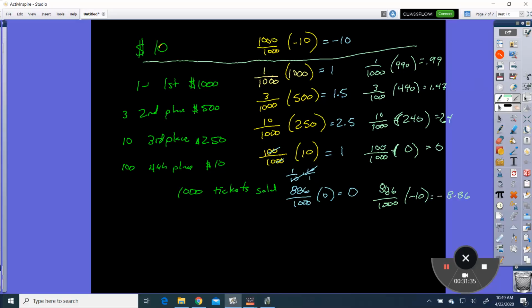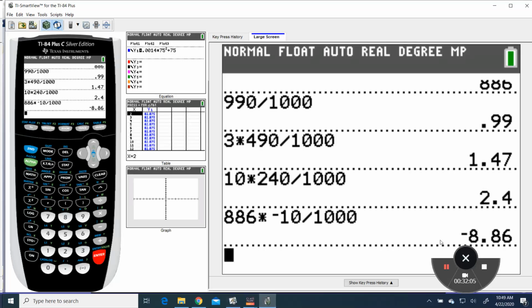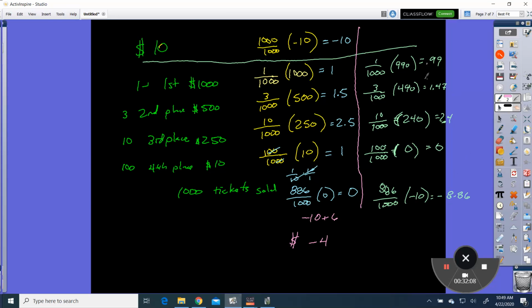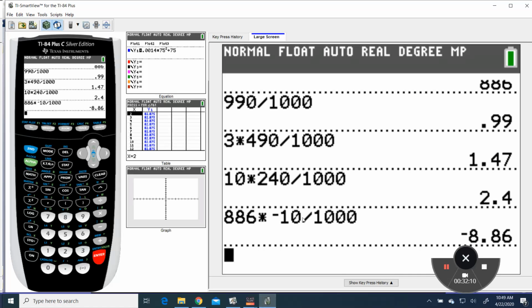So now if I add these up, we should get the same amount. So we're going to add this row up right here. So 1 plus 1 is 2. 1.5 plus 2.5. So if I add the 0.5, that makes 3. That makes 4. And add the 2 makes 6. Add the negative 10. So negative 10 plus 6 makes negative $4. Now if I do this one, hopefully it works out the same. I just need to add those 3 to negative 8.86.